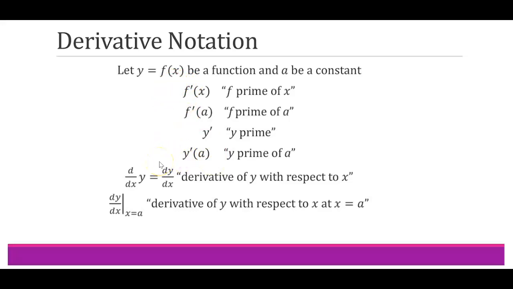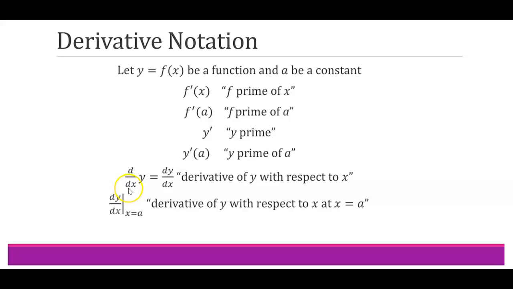There's actually quite a few derivative notations, but these are the most common ones that we're going to see in this class. So here, this notation that looks like d over dx, the way that we read this is that d on the top is telling us take the derivative of whatever comes after it, so in this case y, the derivative of y.